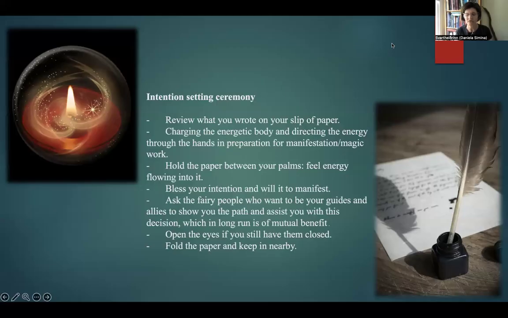Your intention. One more breath. And then you can gently open the eyes and put the paper away, because we're going to do more things with it later.